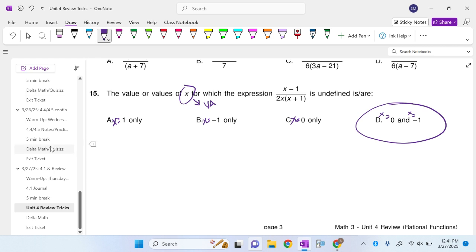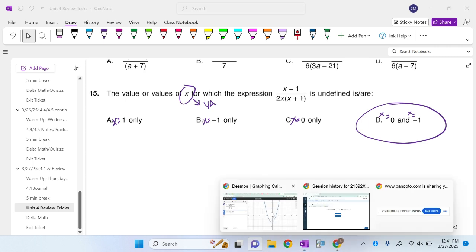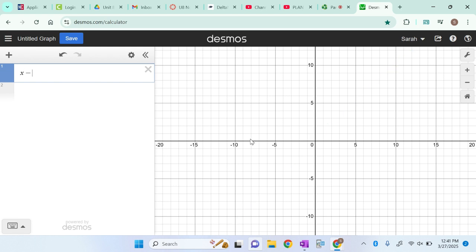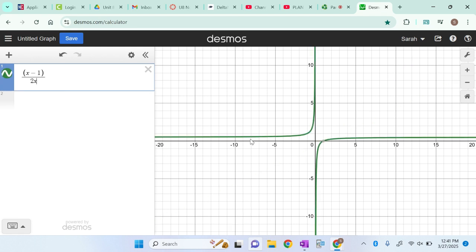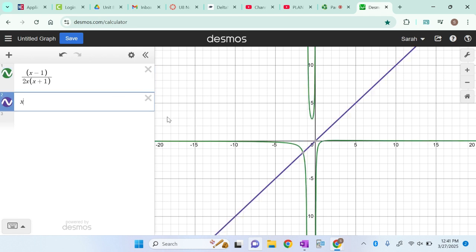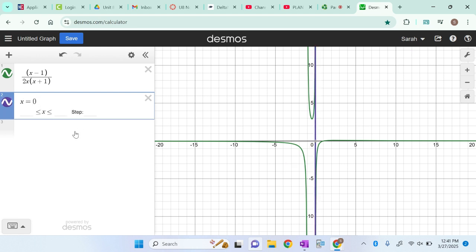So just to show you guys what that would look like, you don't have to do this, but just to show you. If I graph the original, I have (x minus 1) divided by 2x times (x plus 1). And I'm then going to graph x equals 0 and x equals -1.